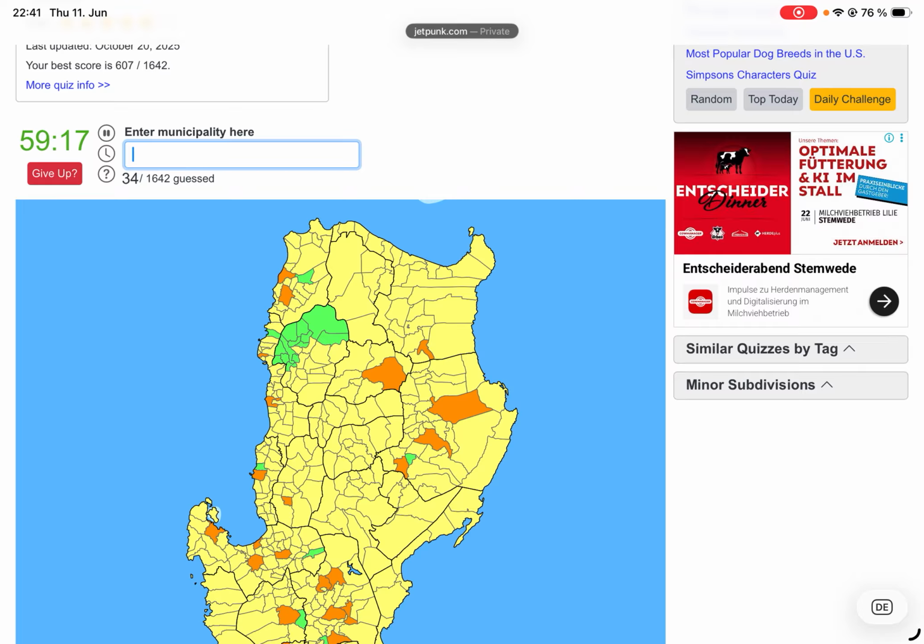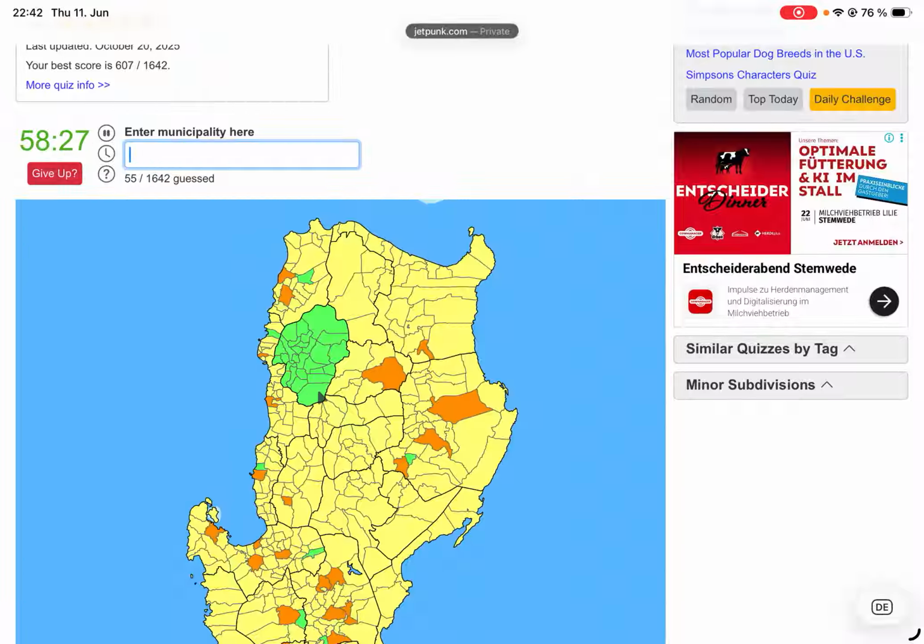This should be Lacub, Licuan-Baay, Malibcong, Lagangilang. We have Tayum, Bucay, Bucloc, Daguioman, Sallapadan. This should be Boliney, Tubo, Manabo, Luba, Villaviciosa, and Pilar.